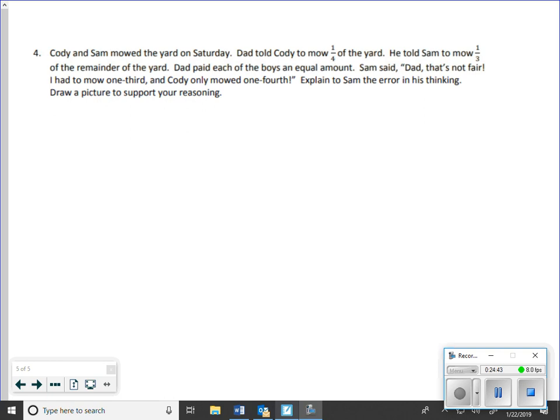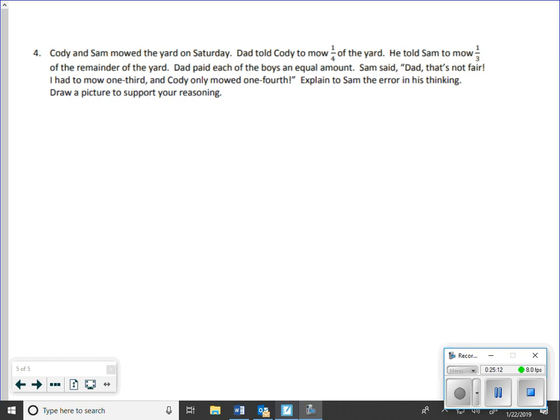So, do you think that if you use a tape diagram or bar model, you would be able to explain to Sam why he is incorrect, why Dad is actually right in giving them the same exact amount of money for mowing their part of the yard?